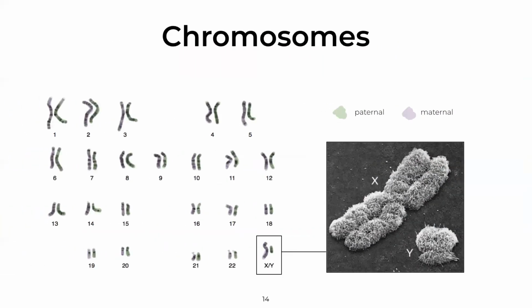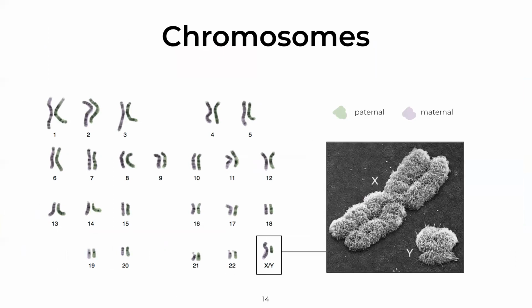Let's talk a little bit about chromosomes. DNA molecules are tightly packed around proteins called histones, and they make structures called chromosomes. A human being has 23 pairs of chromosomes in every cell, which makes 46 chromosomes in total. Sex chromosomes are what determine gender.